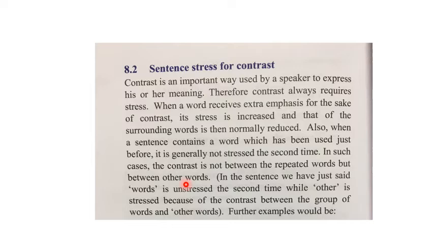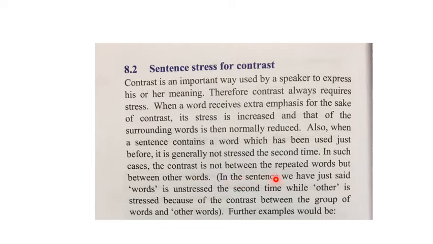In the sentence we have just said, in such cases the contrast is not between the repeated words but between other words. As we can see, words is mentioned twice. According to the rule we mentioned, the first time it takes stress, the second time it does not. Okay?